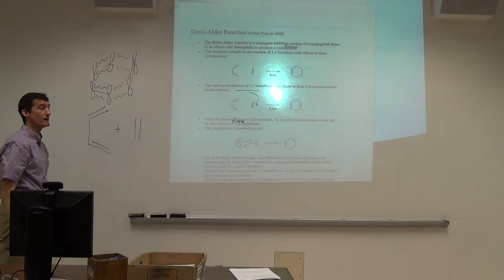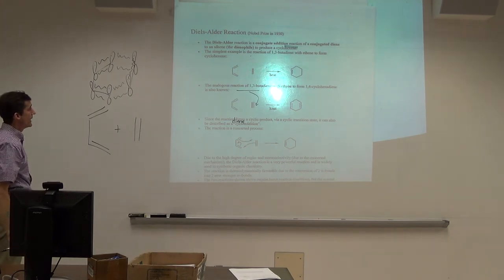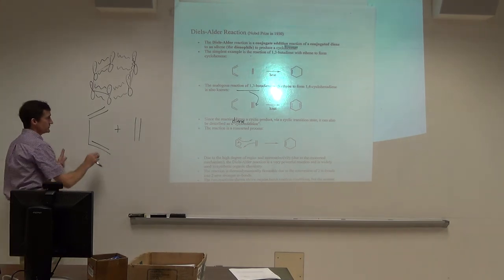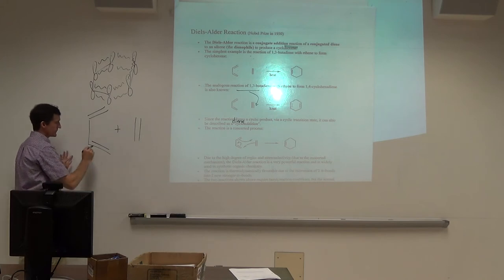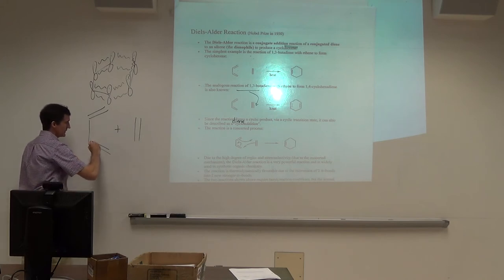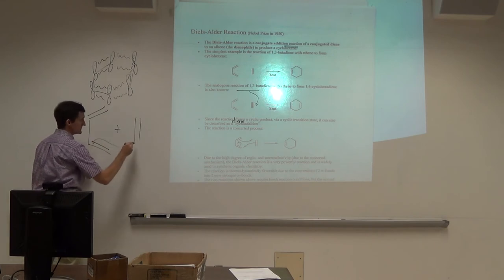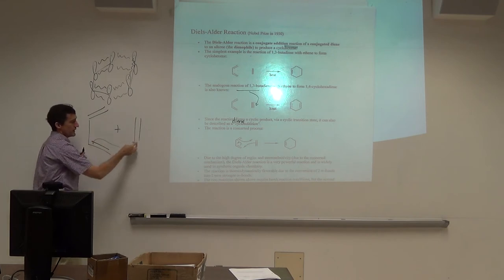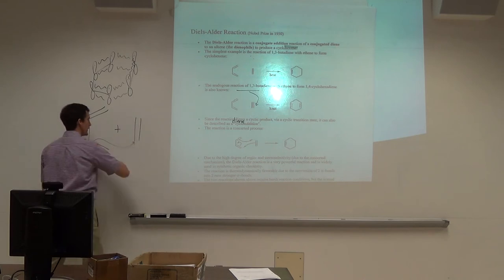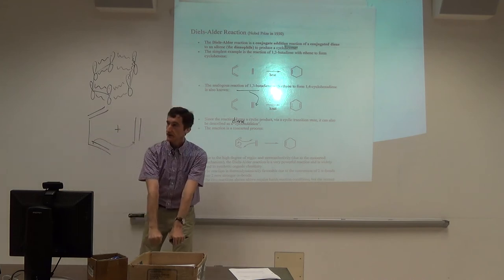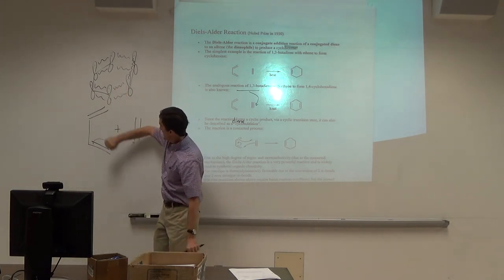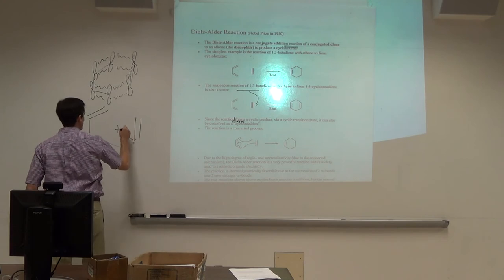You end up making bonds. In terms of arrow movement, it's usually done like this. These electrons sort of windshield wiper over and make a bond there. Something has to leave this carbon because it can't have 5 bonds. These electrons sort of windshield wiper from down here over there and make a bond over there.